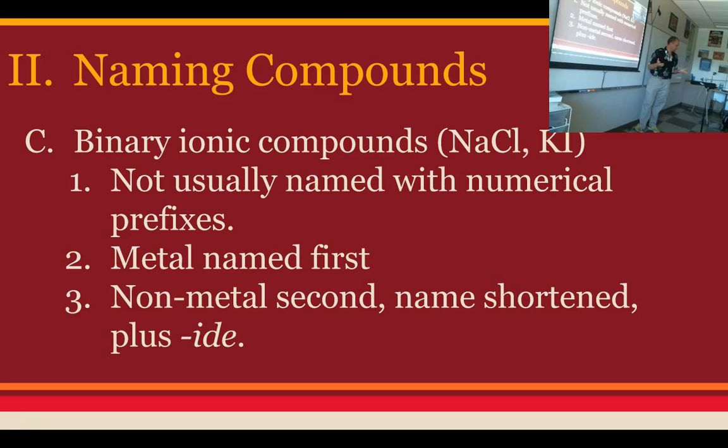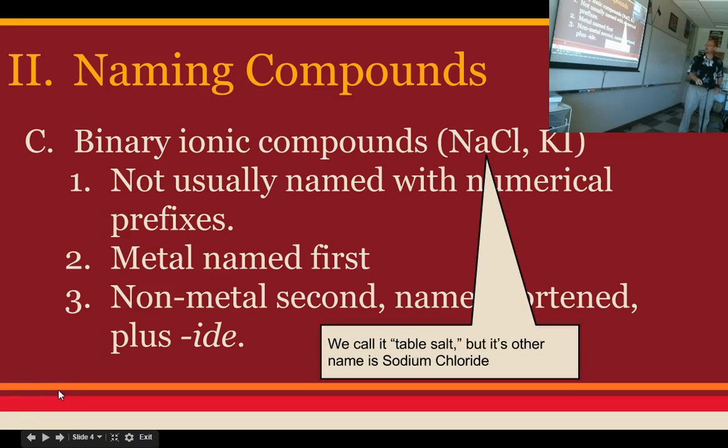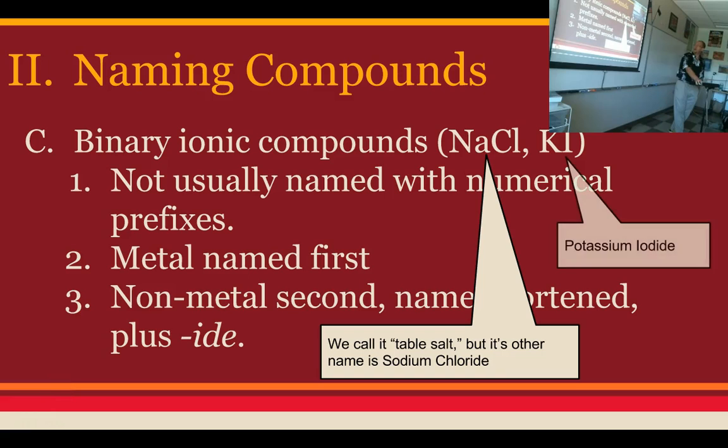And just like in the covalents, we use "-ide", and "-ide" tells us that it's two things that have been joined together in a bond. If we use Greek prefixes, then it's a covalent. If we don't use Greek prefixes, then it's an ion. Okay, so very simple. So far, not too hard. So again, table salt, its other name is sodium chloride and potassium iodide.